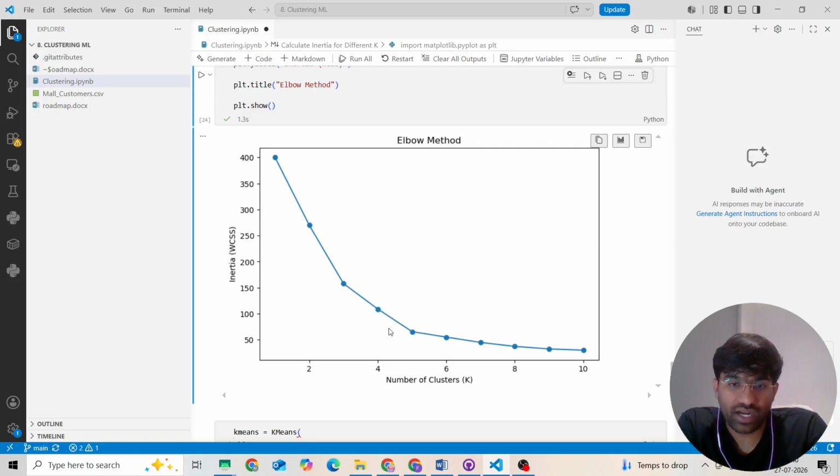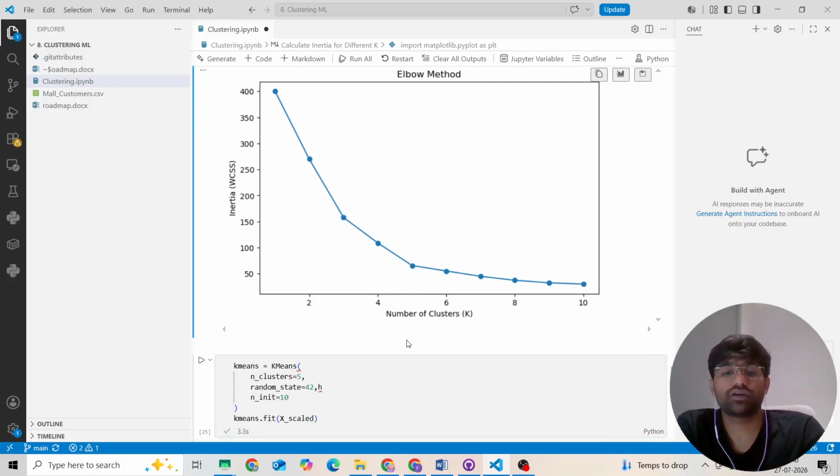At 5 also significant. But after 5, the line is almost becoming constant. There is no significant reduction. That means my optimal k value is 5. I have to form 5 clusters to build my k means algorithm.